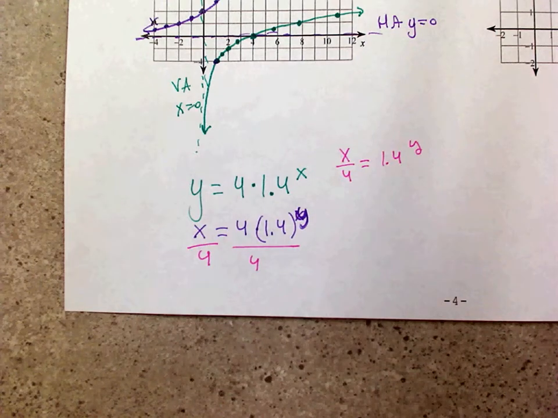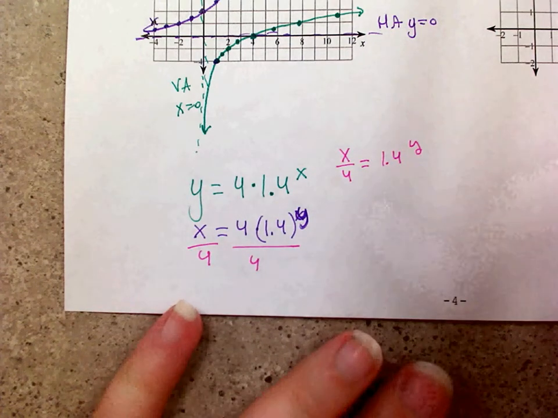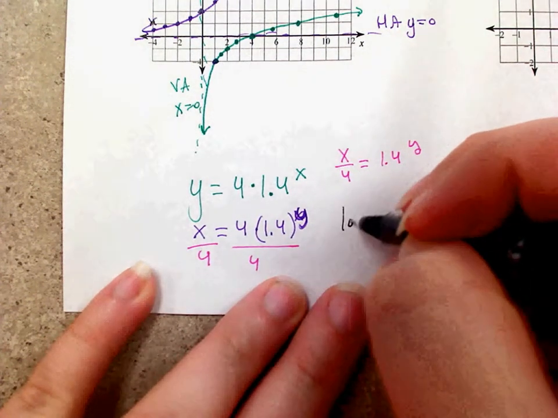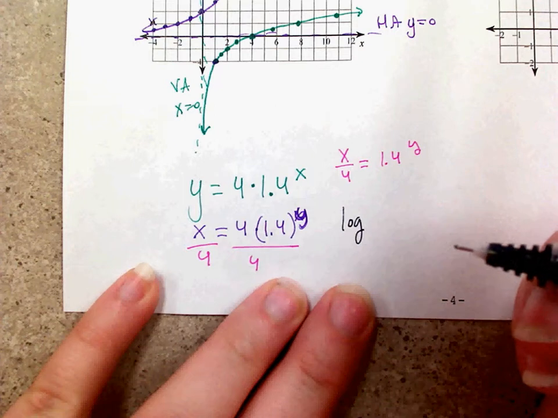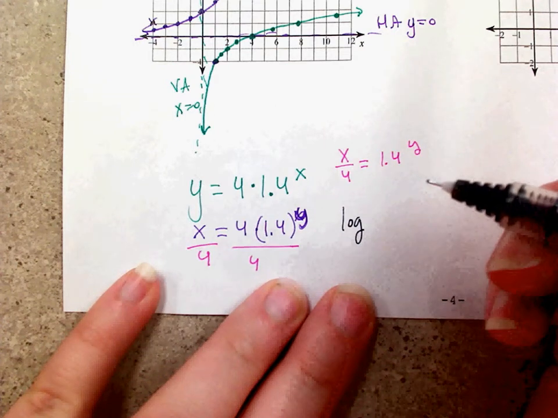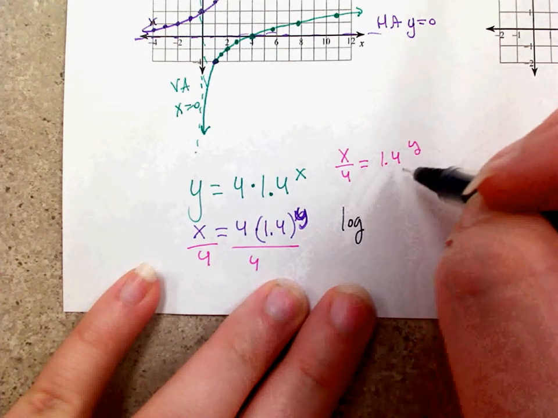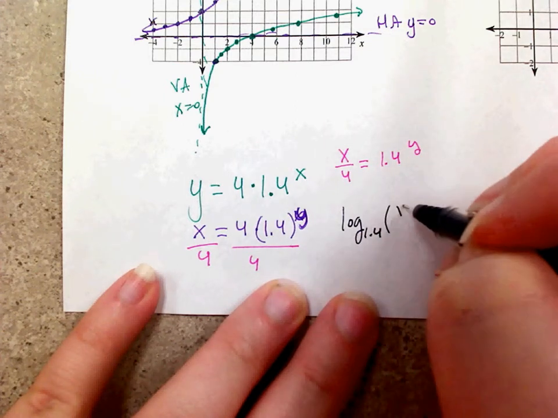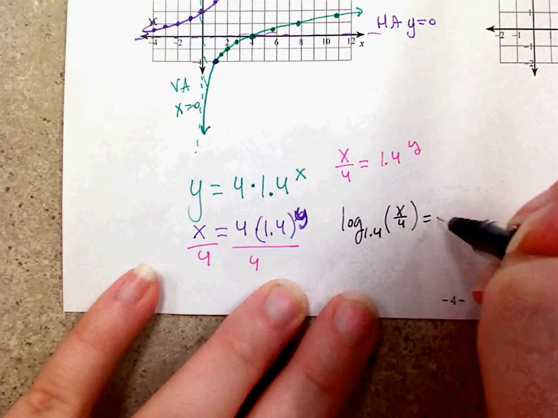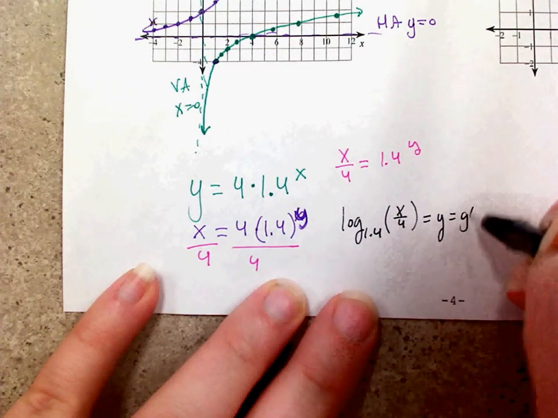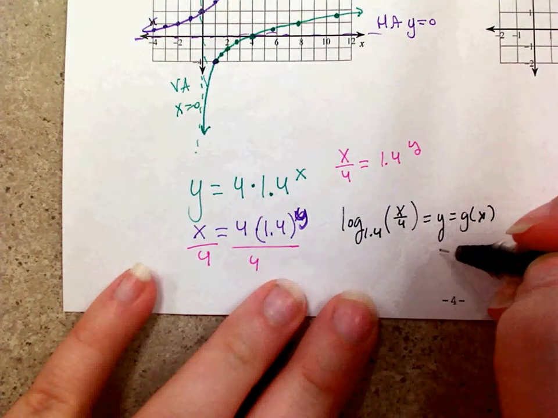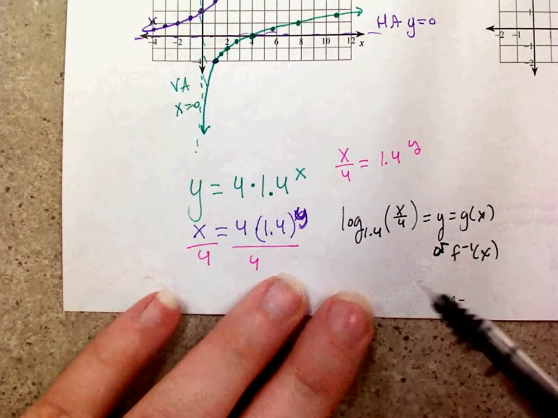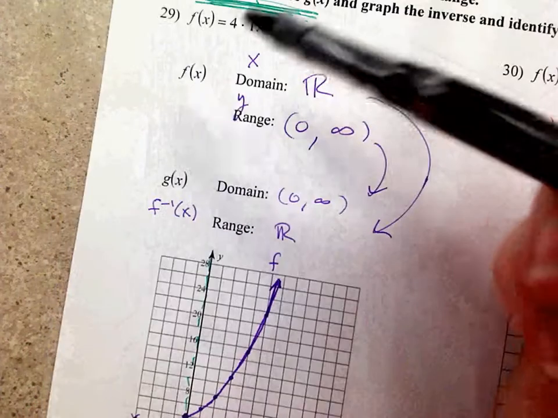Log base what? 1.4 is the base, right? Base of the exponent, base of the log. log base 1.4 of x/4 is y, which is g. And there's my inverse. The original function, that's what we were finding the inverse of. Okay? Alright.